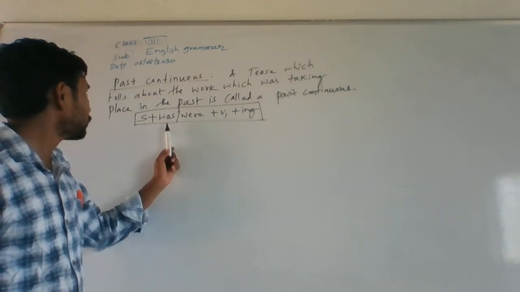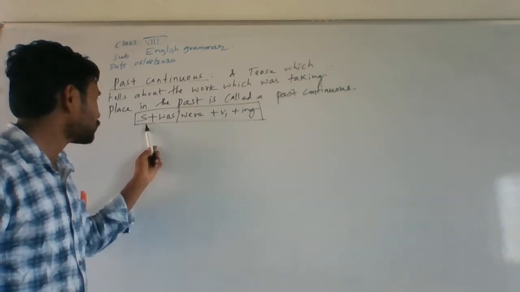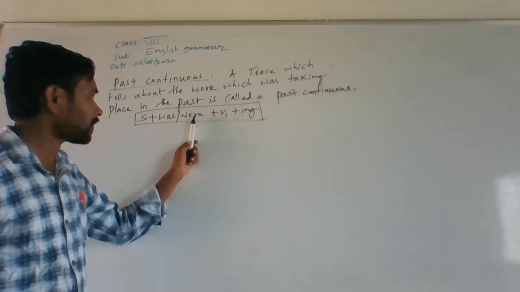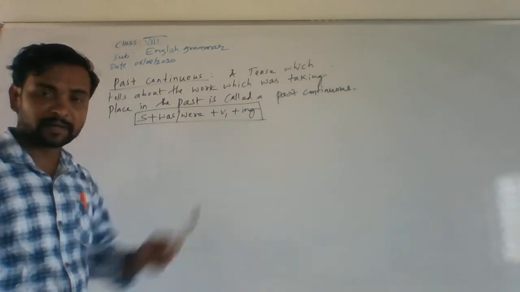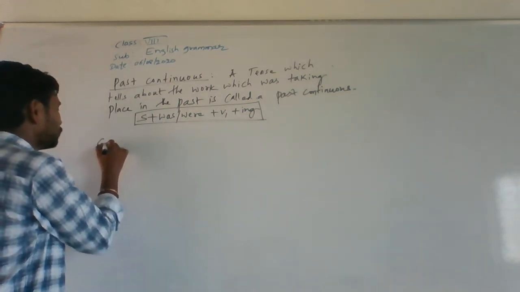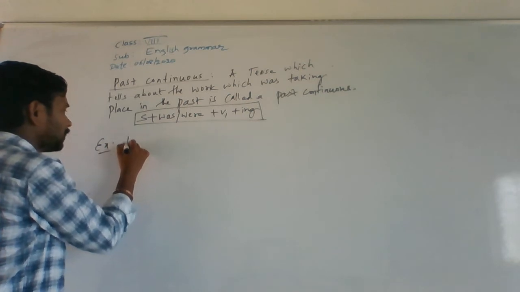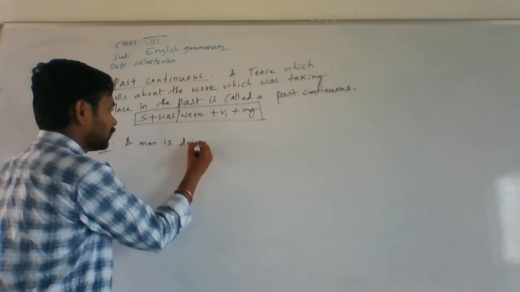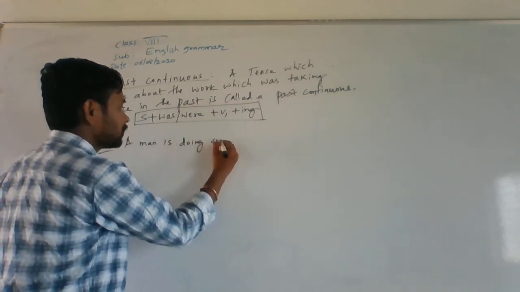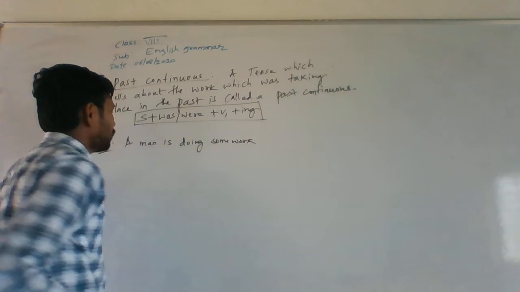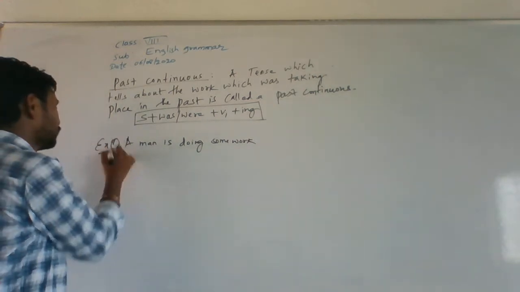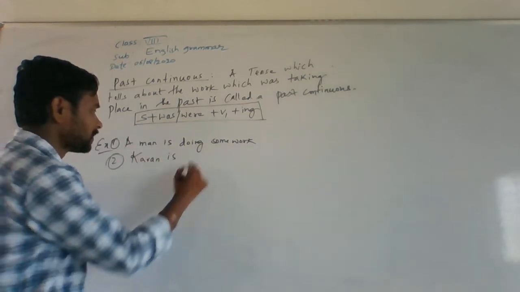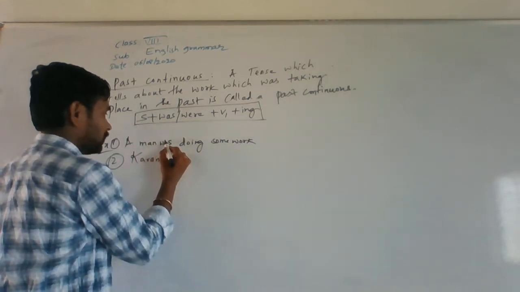See students, it is the past continuous formula. Subject, was or were, these are helping verbs in the past continuous. Then V1, then ing. So, for example, a man is doing some work. Now, sorry, was.